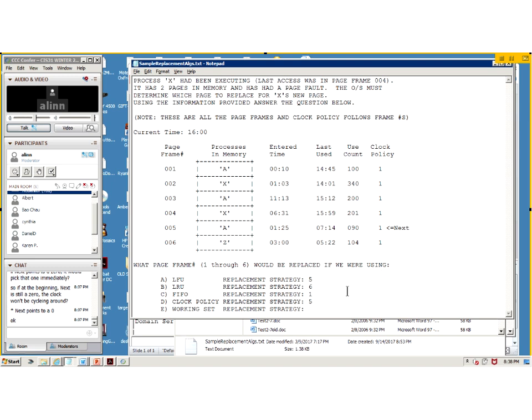Okay. Working set. So I'm going to pick out of the 2 pages I have. Which would I pick? Two or 4? Why, Megan?